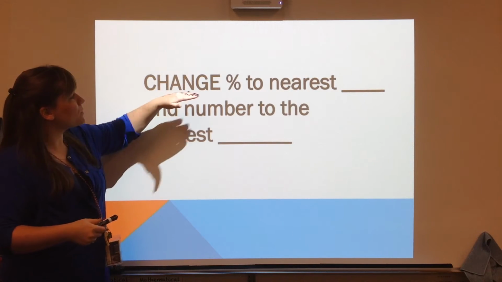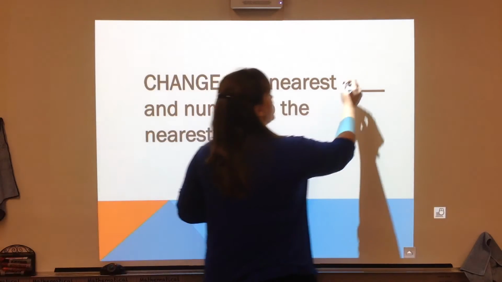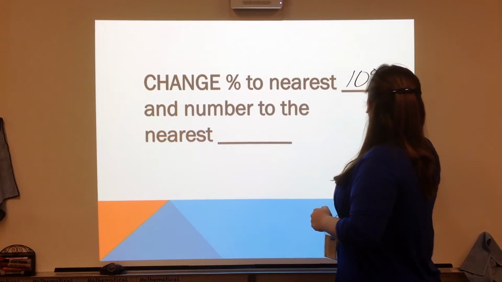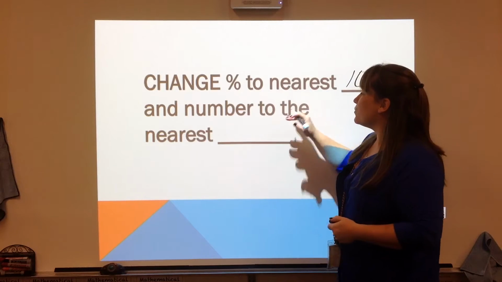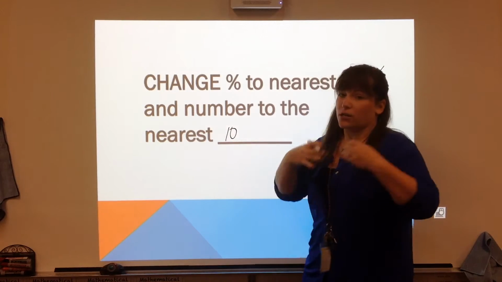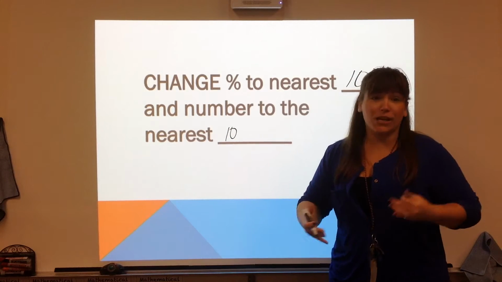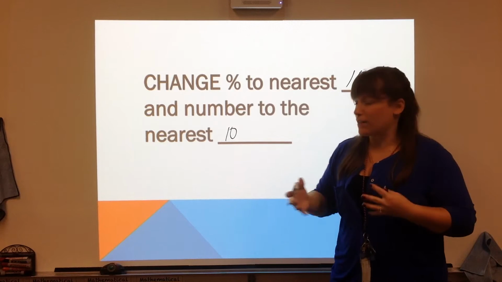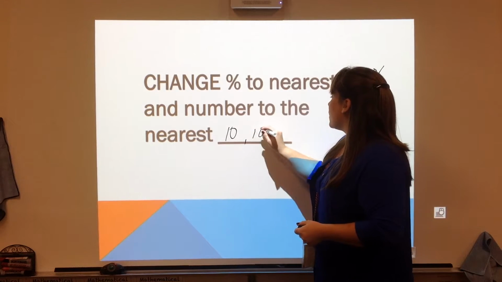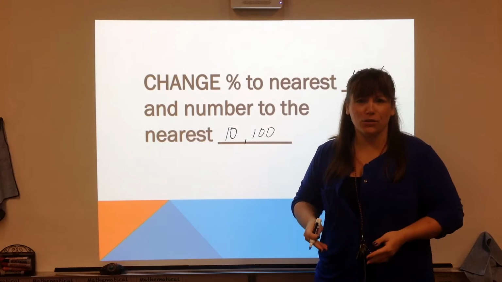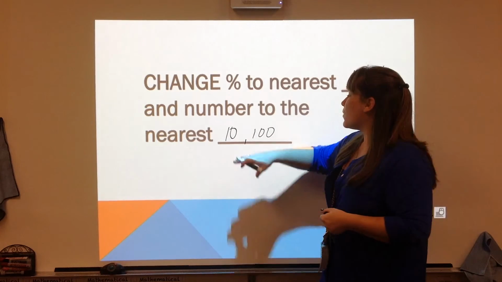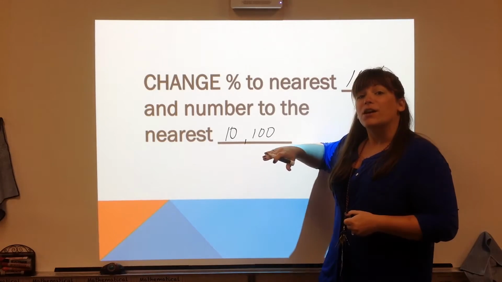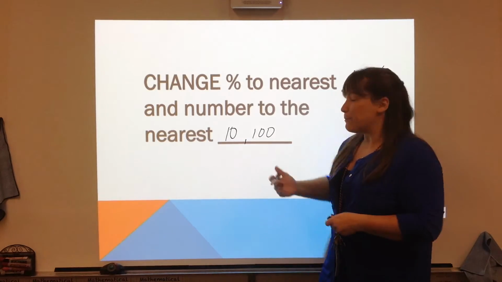So you're going to have to change the percent to the nearest 10%, and the other number that's in the problem, to the nearest 10 if it's a two-digit number, like 50, 60, that kind of thing. If it's like 392, you're going to want to bump it up to 400.